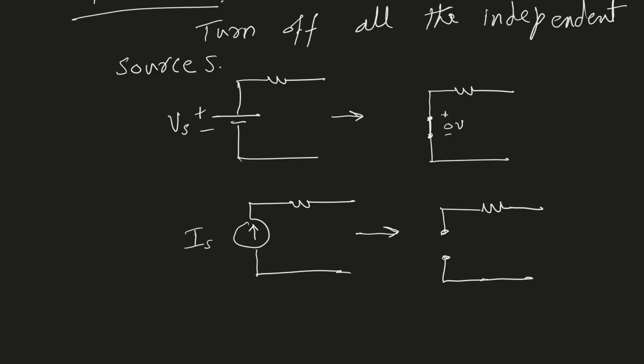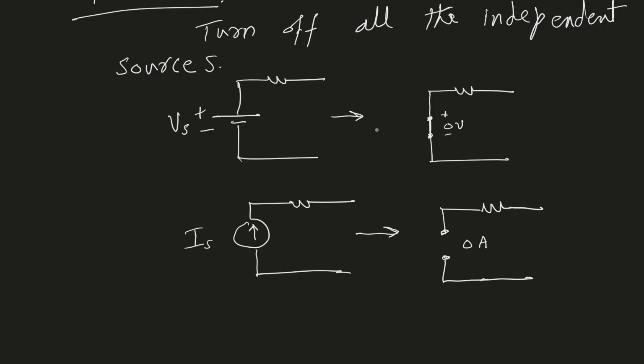And the reason why we are doing this is because the original source was producing a certain amount of current, and now to turn off the source, we want to ensure 0 current. And 0 current will only happen if we open the circuit like this. So therefore, this is called turning off the sources.